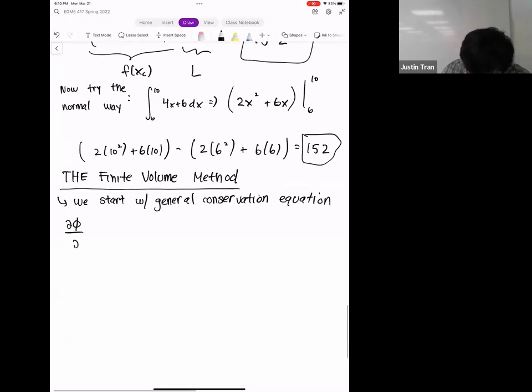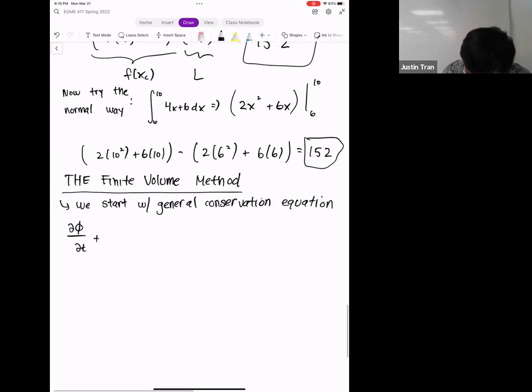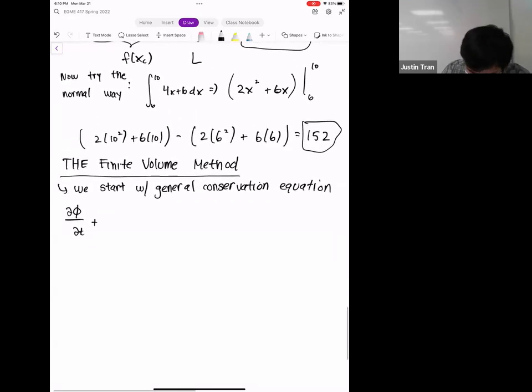All right, so let's start with the unsteady term. The unsteady term doesn't change because it's our only time derivative. Next, we have our convection term. And so this right here is convection.